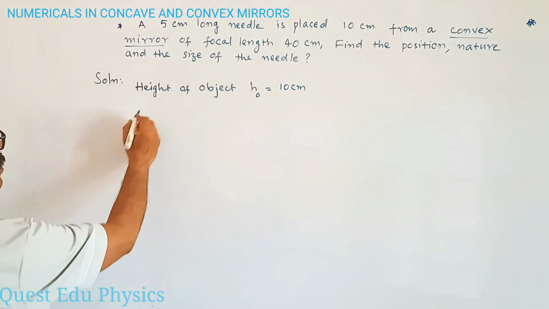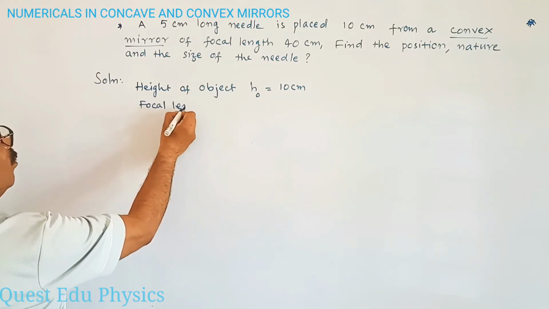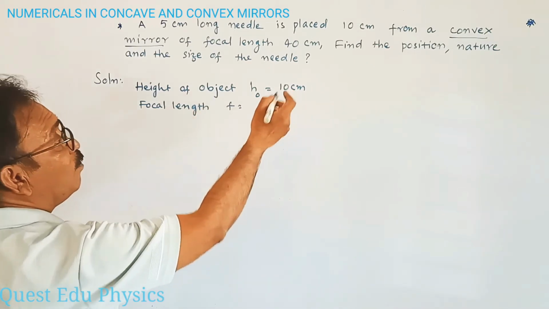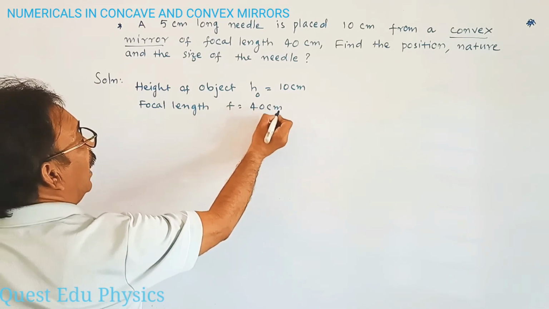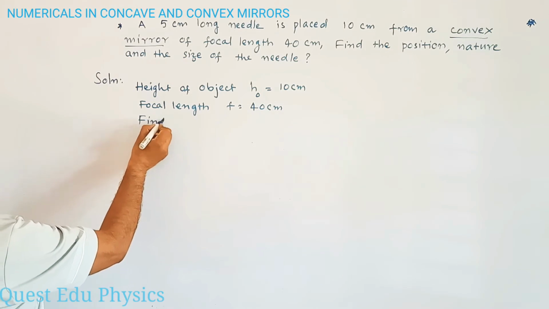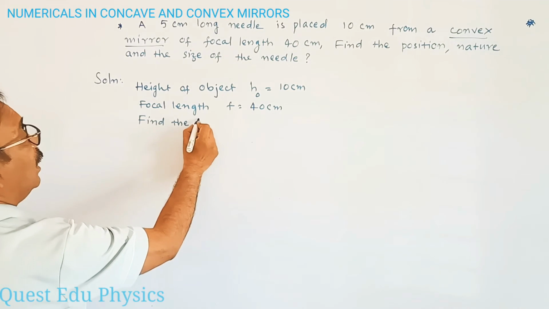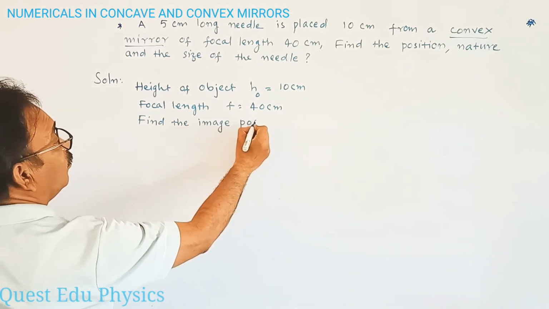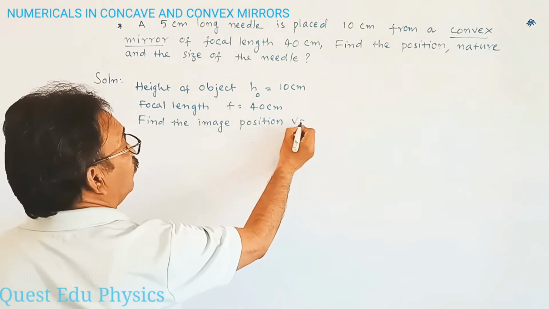And the mirror is convex. Focal length F is equal to 40 centimeter, and he is asking us to find the image position, I mean it is V.